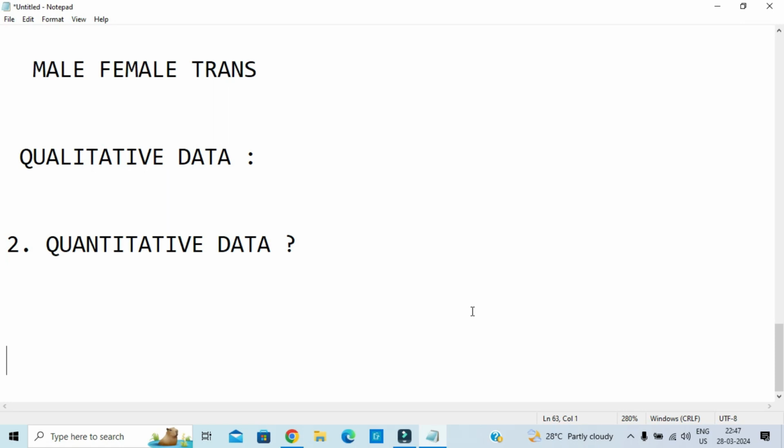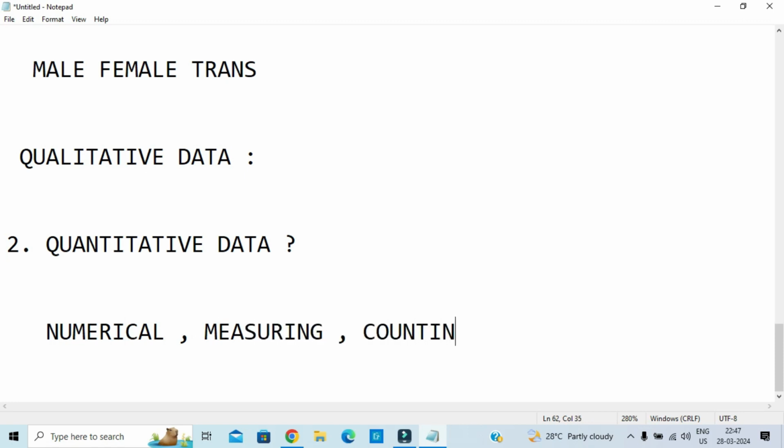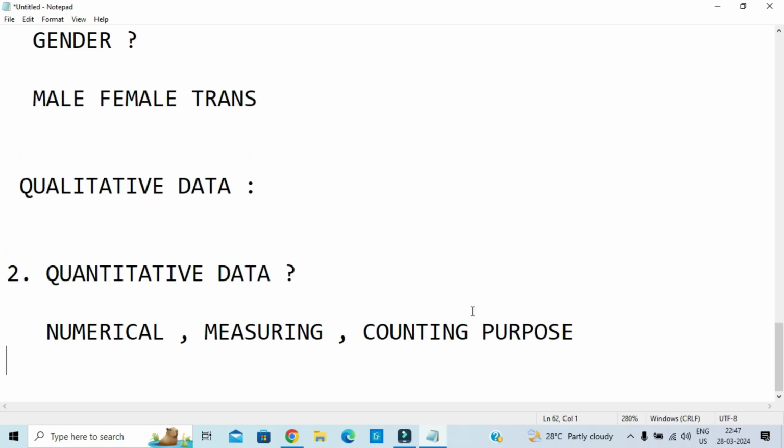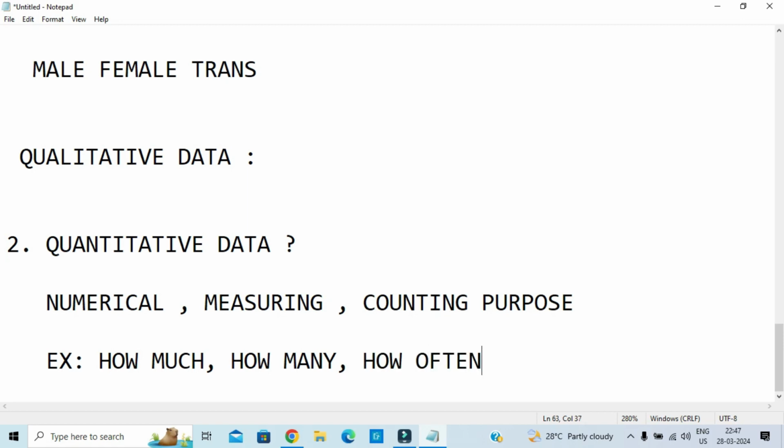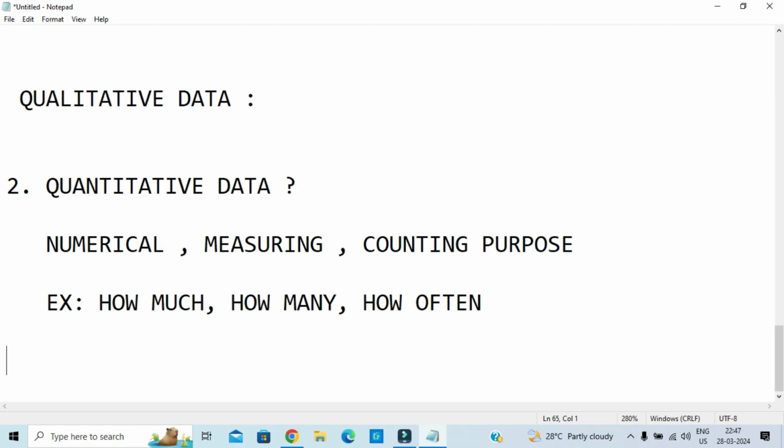It comes under numerical and is used for measuring and counting purposes. It represents countable things. How much, how many, how often, these kinds of terms come under quantitative data.